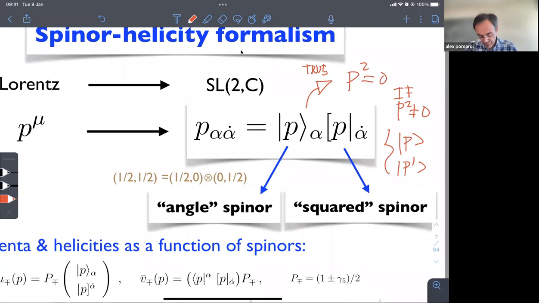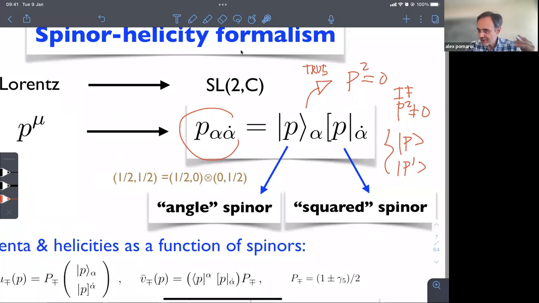So you cannot use this formalism as it is for massive particles; it is only useful for p squared equal to 0.